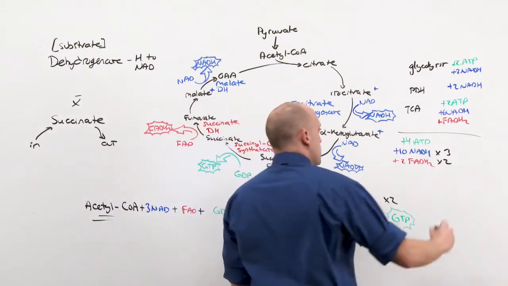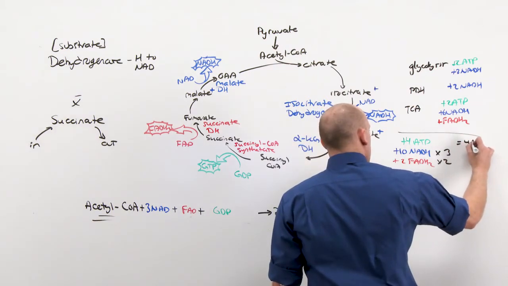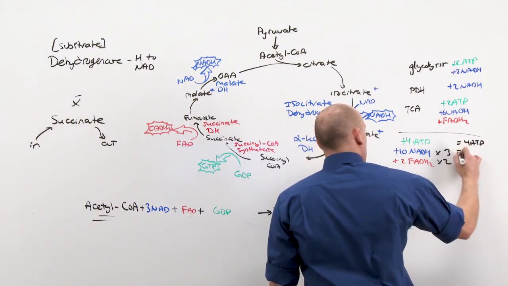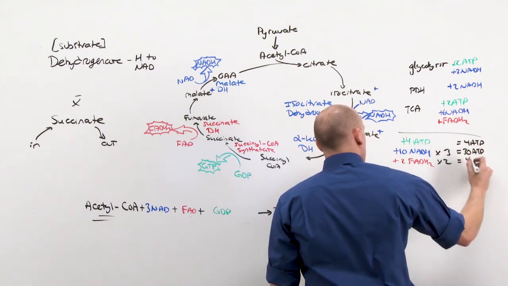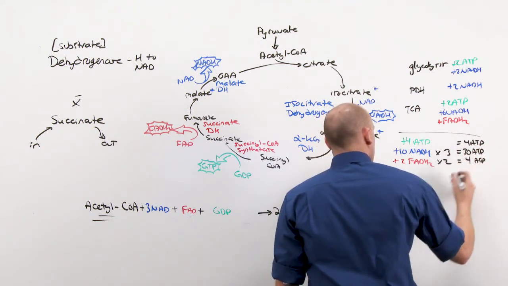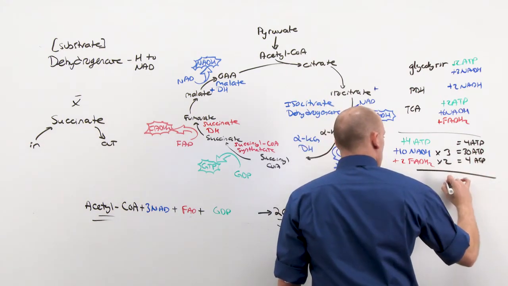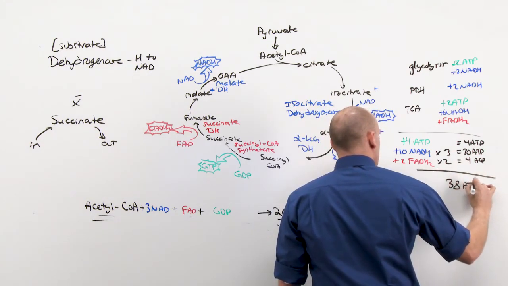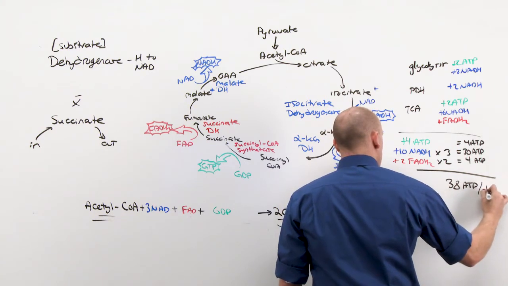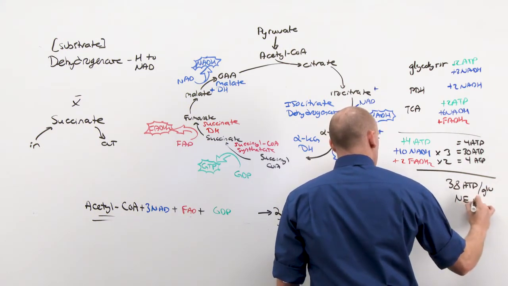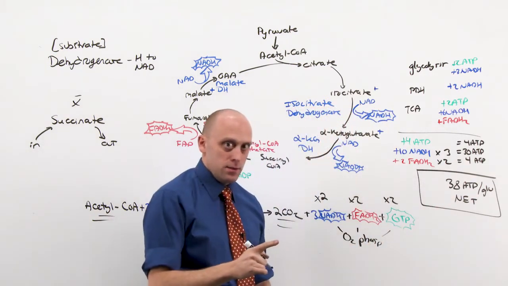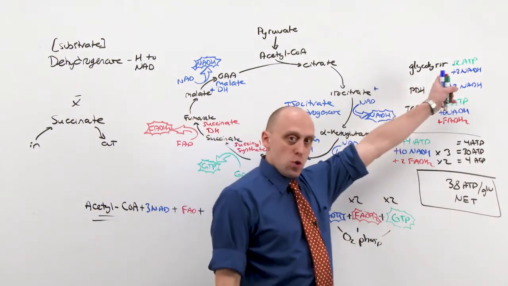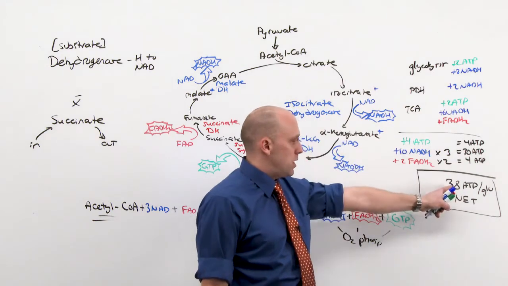What this means is that we've got 4 ATPs plus 30 ATPs from NADH and another 4 ATPs from FADH2 for a total of 38 ATPs per glucose net. Remember that if they ask you how many are made total, it's 40, but we spend 2 in glycolysis, so the net is 38.